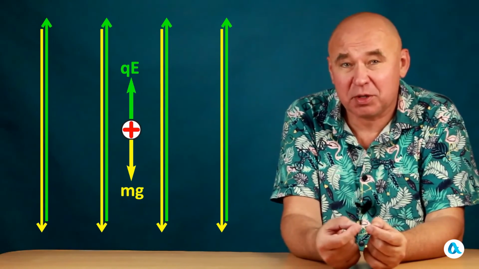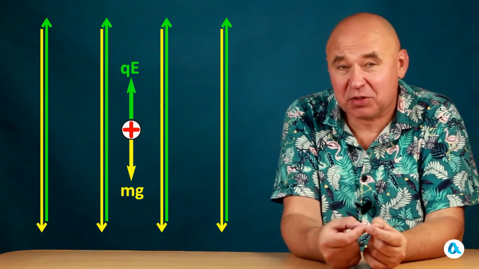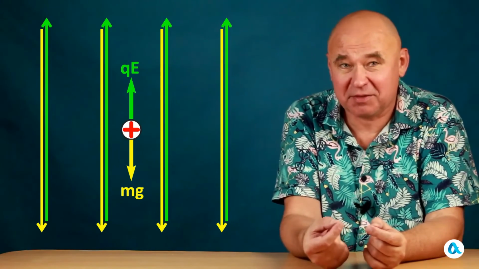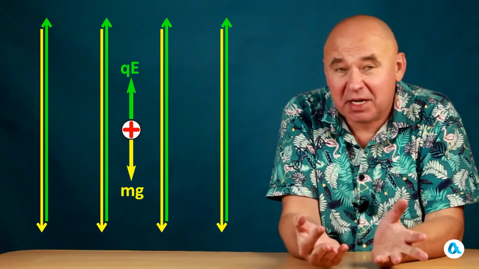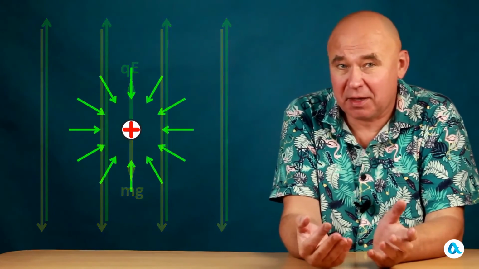And for the equilibrium to be stable, the charge must always return to this point when deviated from the equilibrium point. And for this, an additional electric field needs to be created that will always bring it back. Here, I have drawn it in the vicinity of the charge. Well, now I remove the charge and enclose the place where it was with a closed surface, most simply a spherical one.